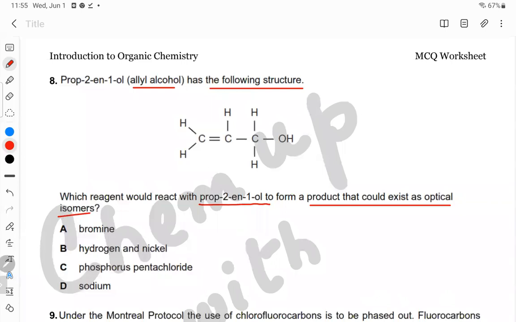It means they are talking about the product that must have a chiral center, right? And a chiral center means one which has four different groups. Is this point clear to everyone?